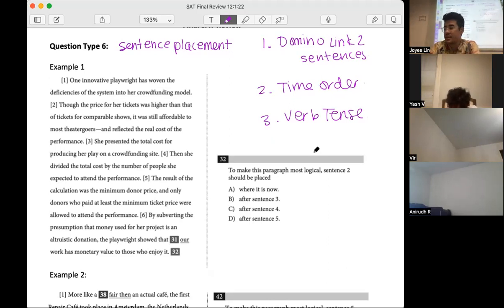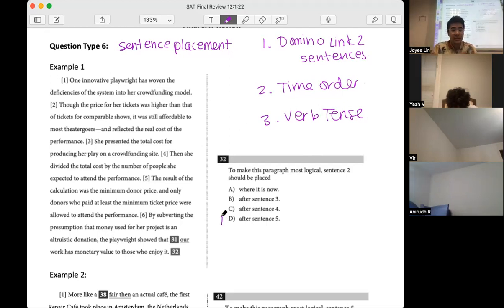Where are we placing sentence 2? What say you all?